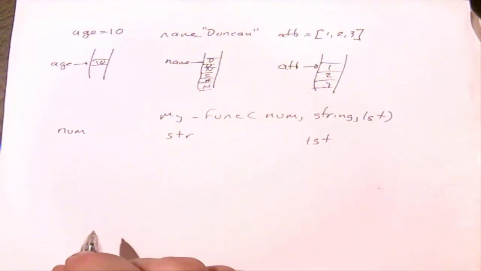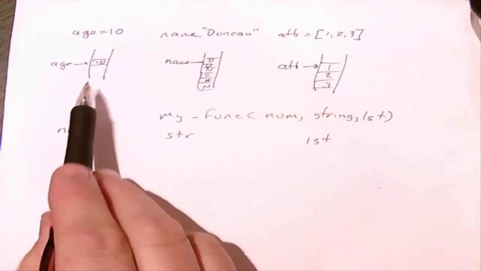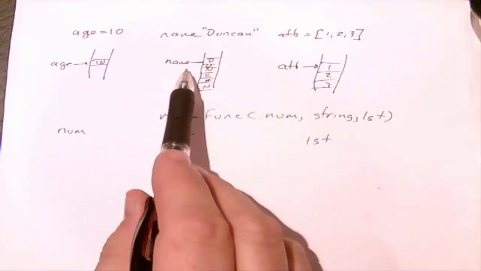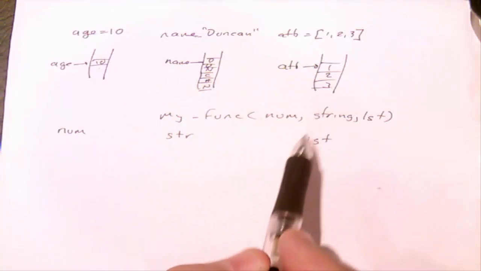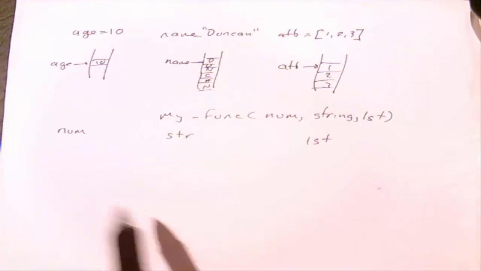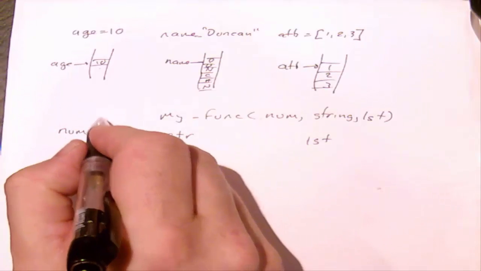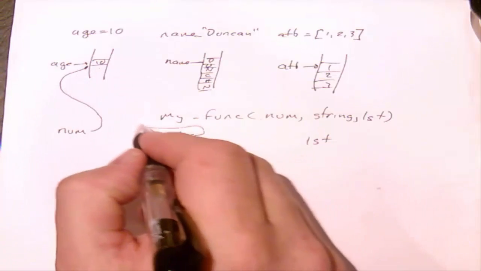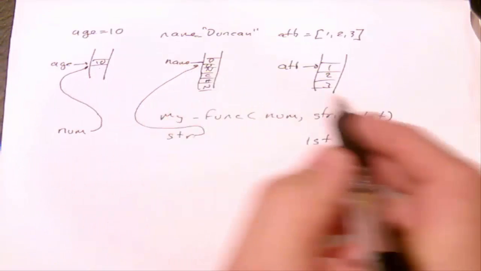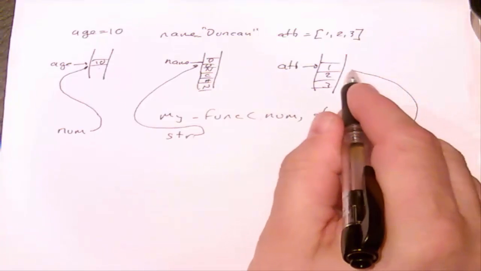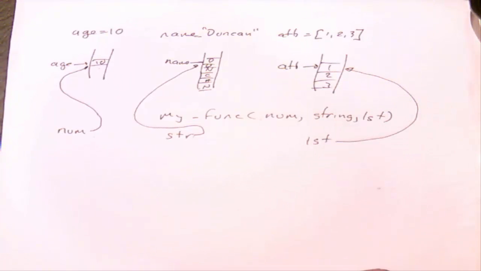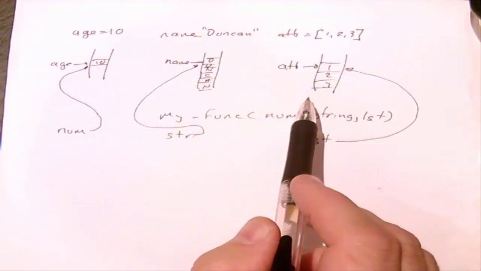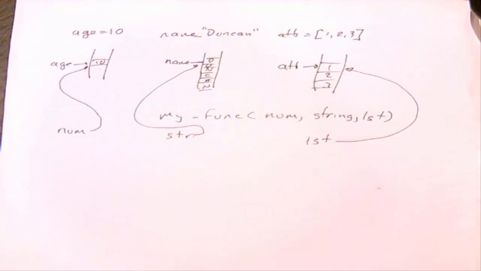But even though we've often taught that it copies this value 10 down into memory and this now accesses it, and it copies name down and it copies the list down, what we've just seen from looking at the code is quite clearly all we do is get the label to point to where the information is in memory. So it's still pointing to exactly the same data in memory as it was up in main.